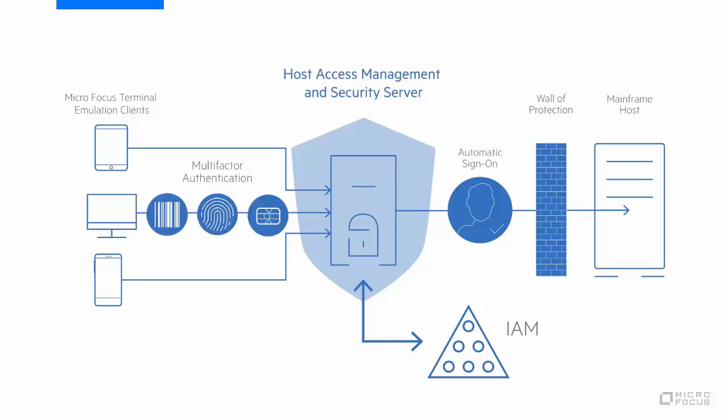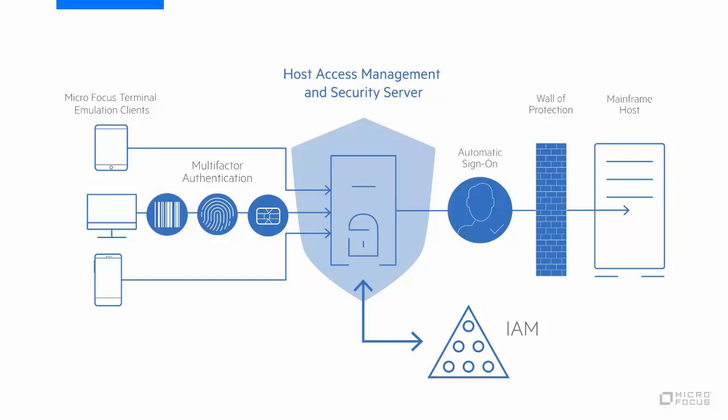It also could be our Microfocus Advanced Multi-Factor Authentication Platform, but that is a really cool way to be able to provide multi-factor authentication in the enterprise as well as leverage that authenticating process here with MSS. So we make sure you are who you say you are. We also look you up in your directory to make sure that you're authorized to get to the mainframe, just like you're authorized to get to any other valuable resource in the organization. And then, and only then, will we issue a session.